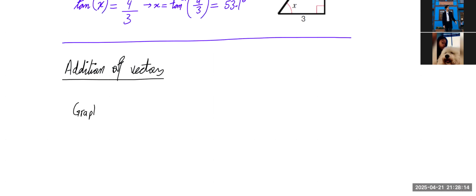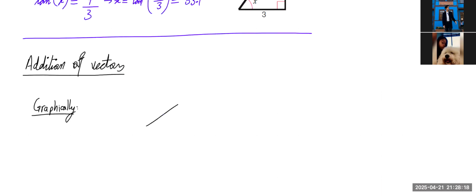So first let's talk about the graphical perspective. If you have two vectors, let's say that this is A and this is B, and you want to find out what A plus B is, you use the head to tail rule, which means that, by the way, vectors don't care where you put them. All a vector is defined by is its horizontal length and its vertical length. Nothing else. Sorry, I should say that again.